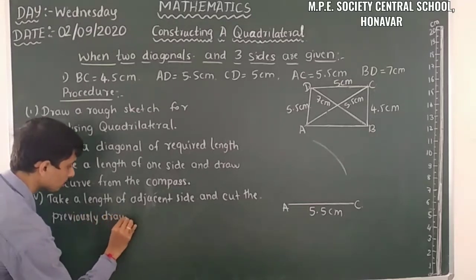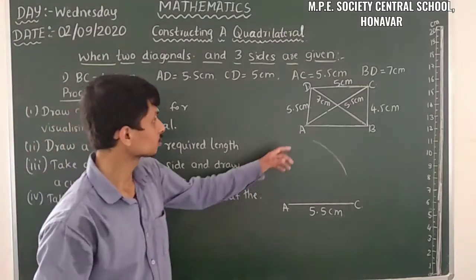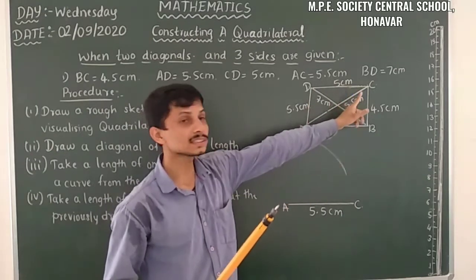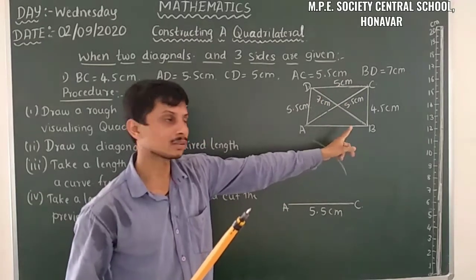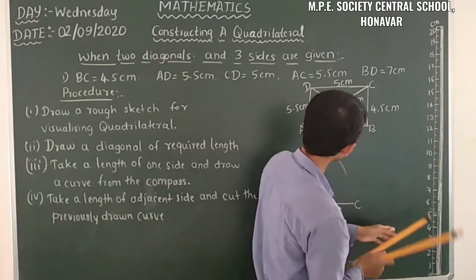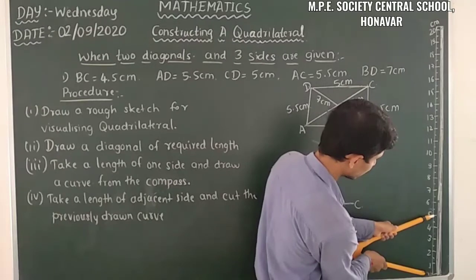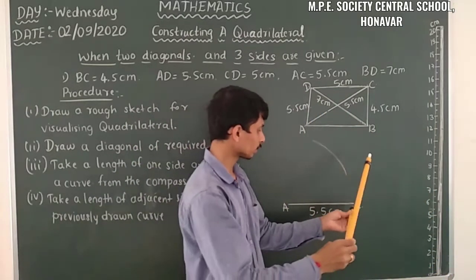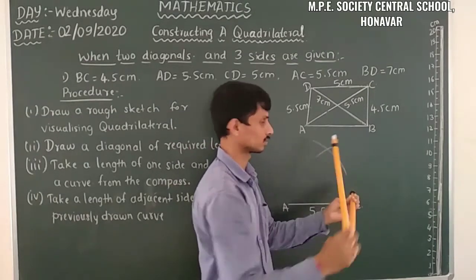Here, what is the adjacent side? AD we already did. So here the adjacent side is CD. So we have to take the length of CD and cut the previously drawn curve. CD is of 5 centimeter. So just take the length of 5 centimeter, locate the required point and then cut the previously drawn curve here.